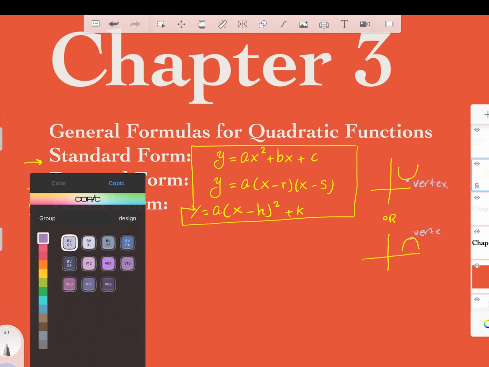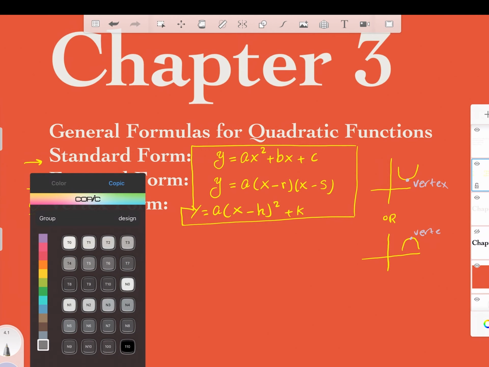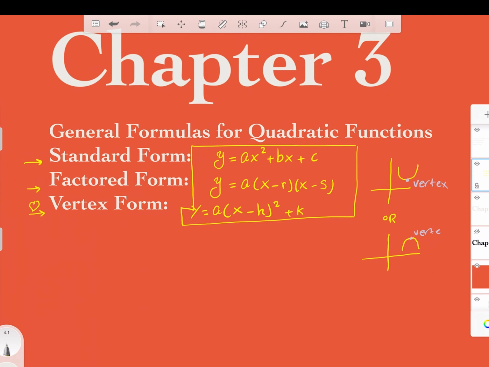How do we know a graph is concave up or concave down? This a, same as this one, all of them are sharing a. If a is more than 0, it will be concave up. You can say happy smile. If a is less than 0, it will be concave down.